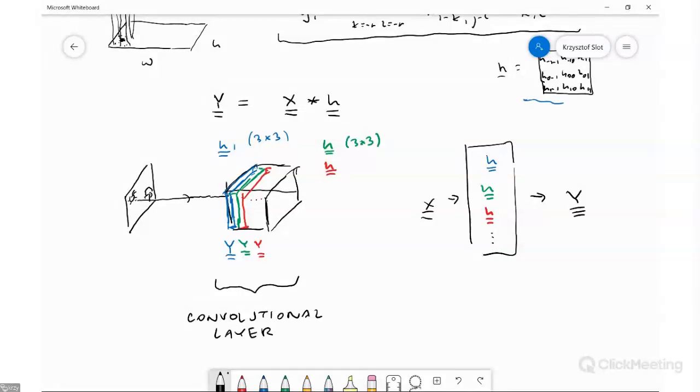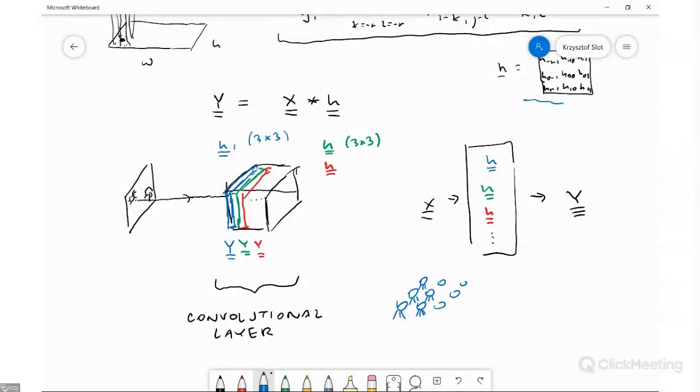And the convolutional layer is actually a set of filters that transform input to output. And each filter basically is just a set of neurons that are arranged in a 2D grid with appropriate weights.